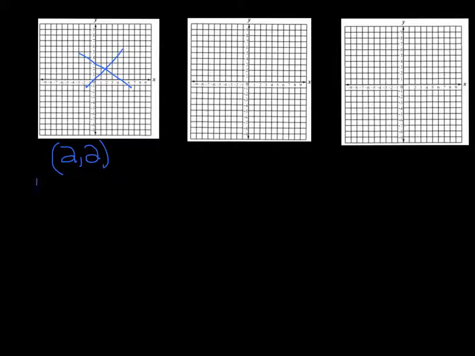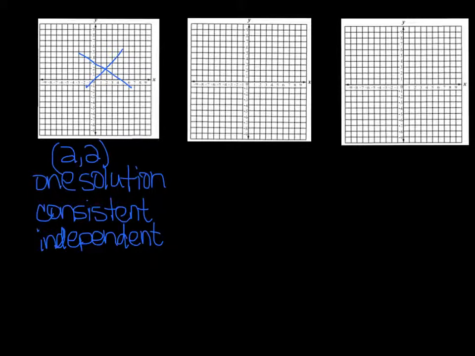That is one solution. When you have that one solution where the two lines intersect, it is called consistent, and it is independent. That is really important. Consistent and independent if the two lines cross and you have a solution.